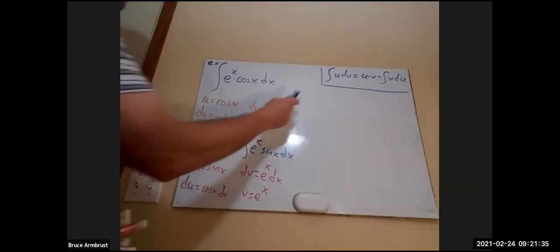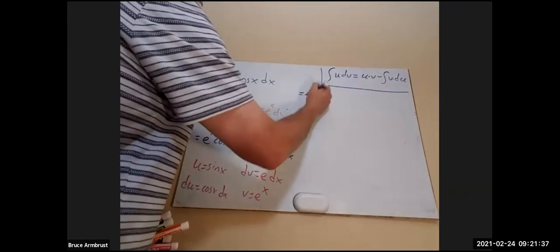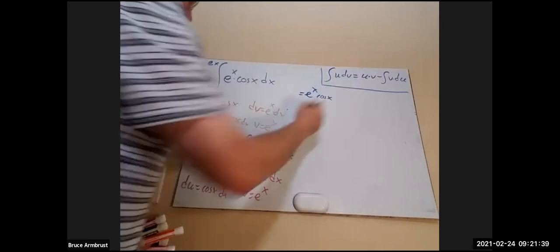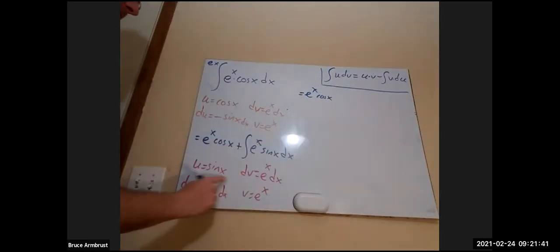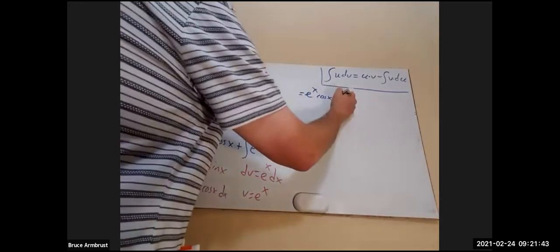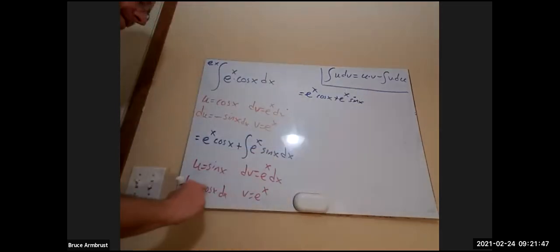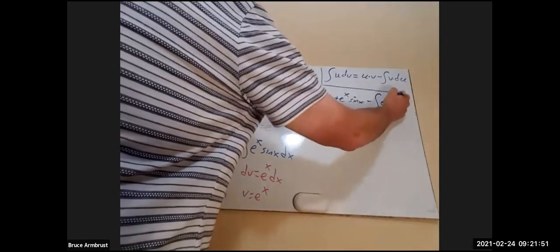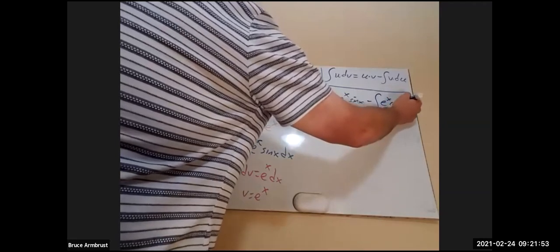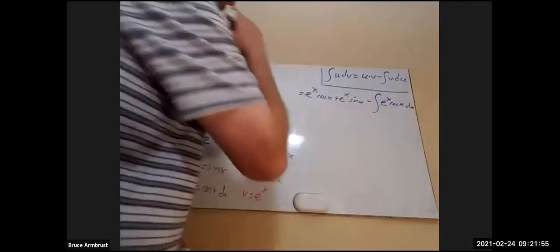And where are we? So we've got e to the x sine of x, minus the integral of v du. So minus the integral of e to the x cosine of x dx.